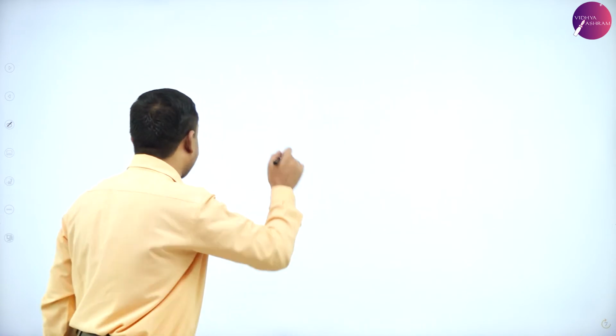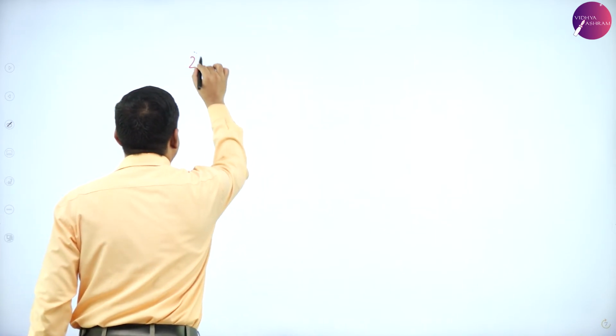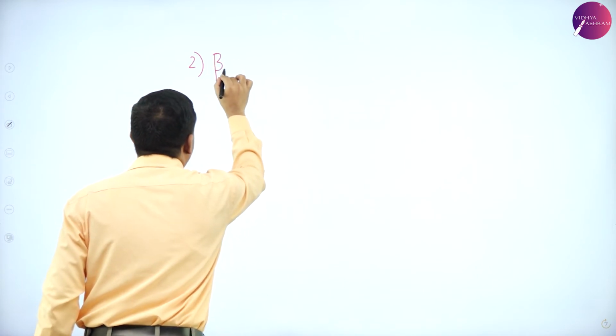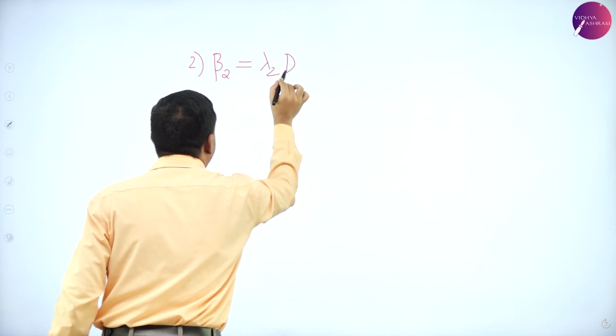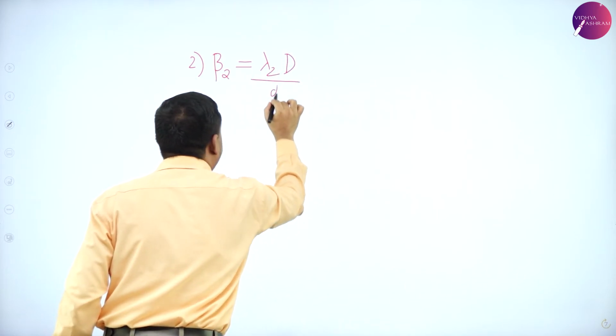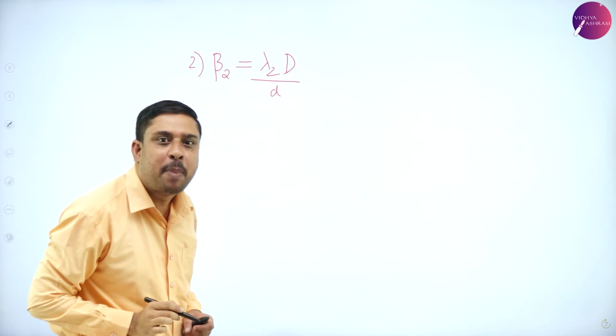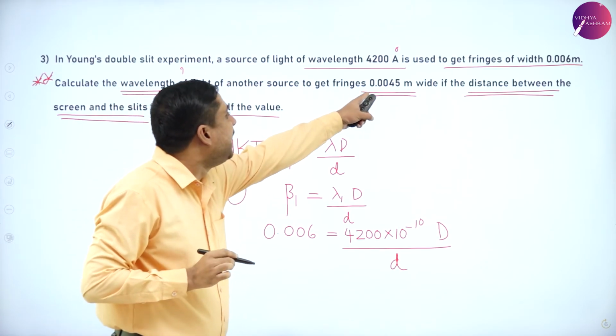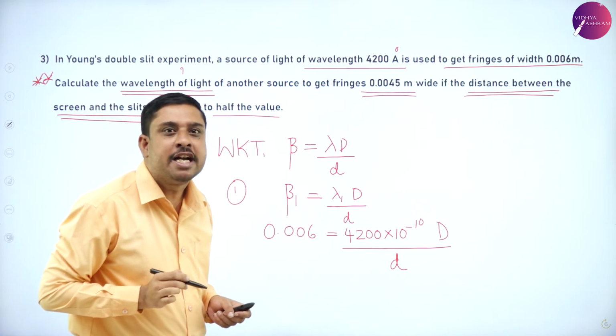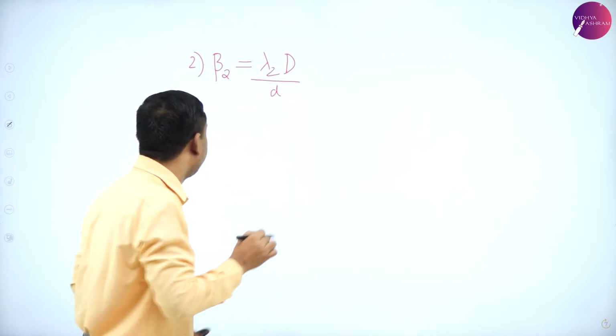In the second case, beta 2 is lambda 2 D divided by d. How much is beta 2? 0.0045.